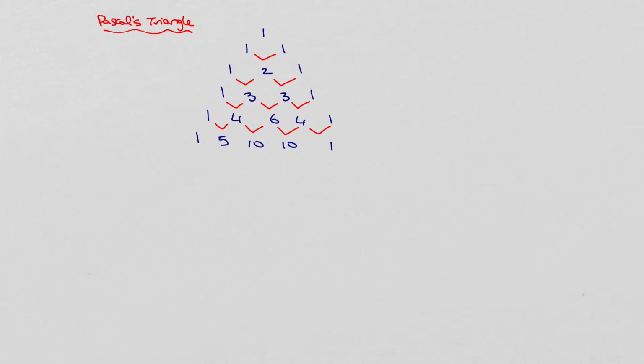And what is really nice then is if we actually look at the very first one here, what we have is all of our nCr's. So what we have here essentially is 1 choose 0, and 1 choose 1. The next line is 2 choose 0, and 2 choose 1, and then 2 choose 2.